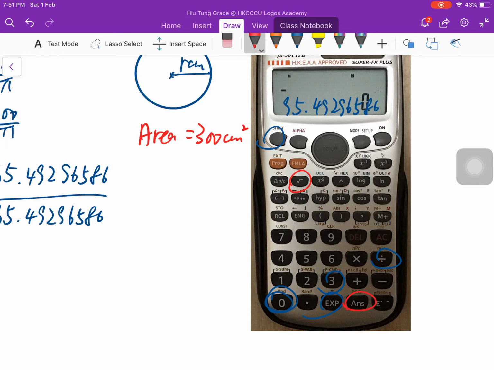Let's do it together: square root of the answer and then execute. On the screen you will see the result, and if we convert it to 3 significant figures, we know that the radius is 9.77.